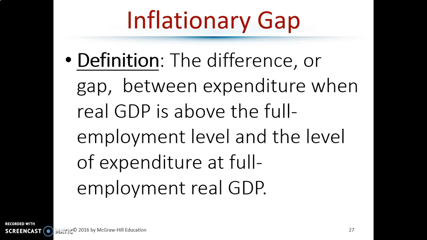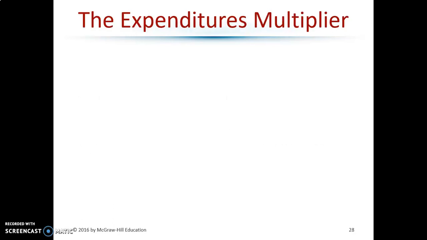Where it is now with an inflationary gap is somewhere where all we're seeing is higher prices with no benefit coming in the form of lower unemployment. So, to close these gaps, we want to use fiscal policy, but we have to be wary of the multiplier effect. We don't want to overshoot the target.